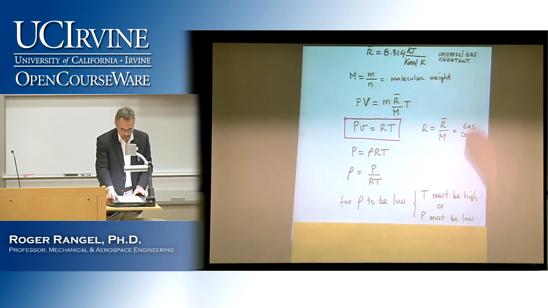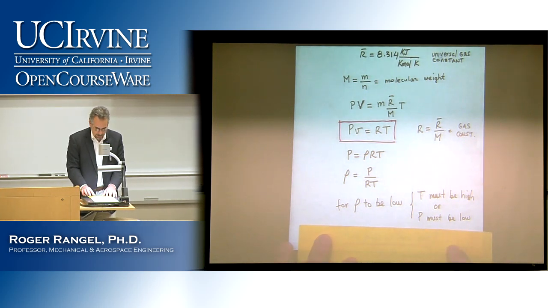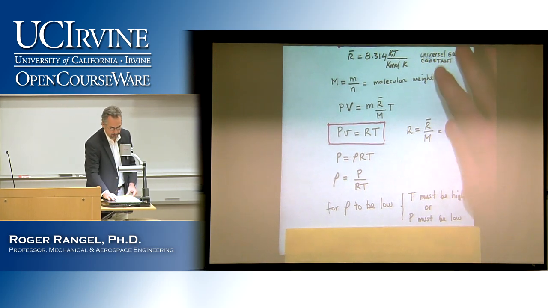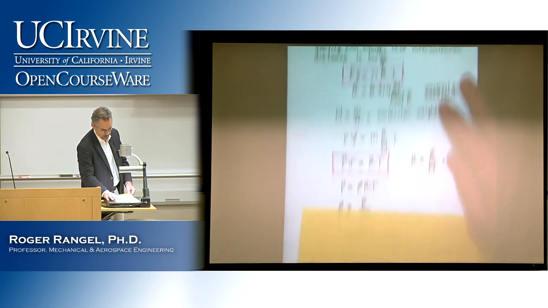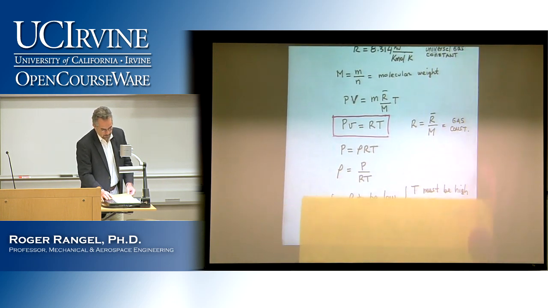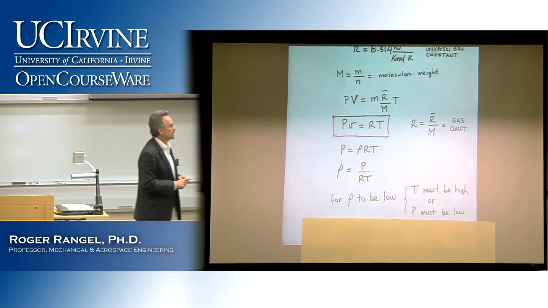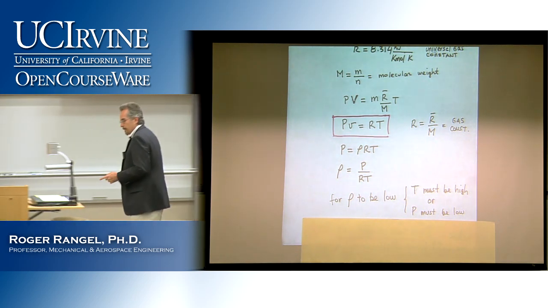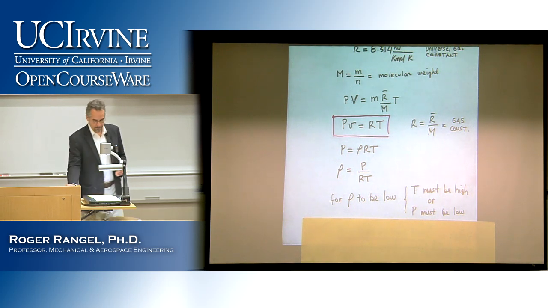It doesn't matter. What you have to remember is the condition, the statement that was written at the top here, that the density has to be low enough that intermolecular distance is large. So if you write it this way, density equals P over RT, then you can see what is needed for the density to be low. What do I need to happen for the density to be low?